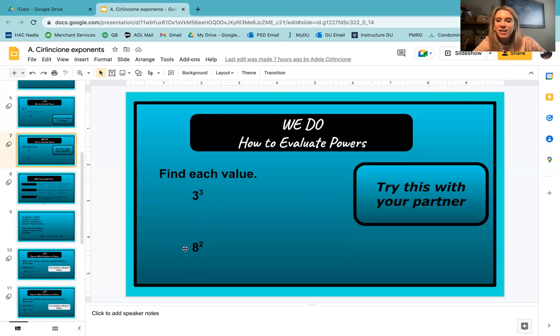Has anybody heard 8 squared before? Yeah, we use that a lot when we find the area of something, and we'll get into that later. So go ahead and try to evaluate 3 to the 3rd power and 8 squared.